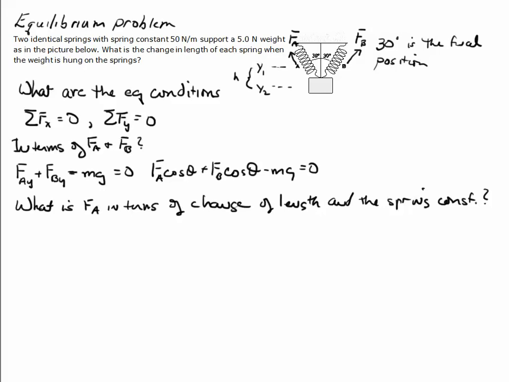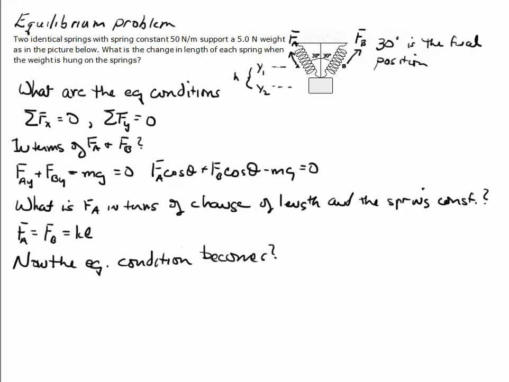So now what is the force of the spring in terms of the length change and the spring constant? Well, we know that the force of tension in A and force of tension in B will be equal to the spring constant times the change in length that we will denote as L. And since we have both of them the same acting together, it's going to add.